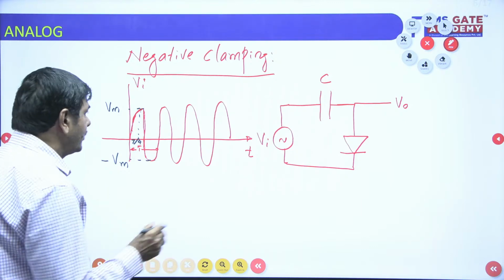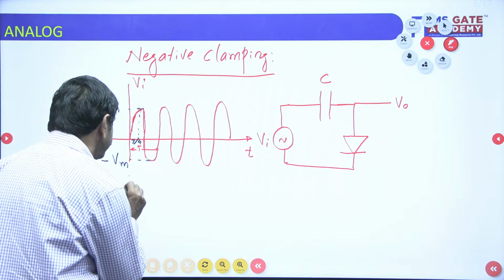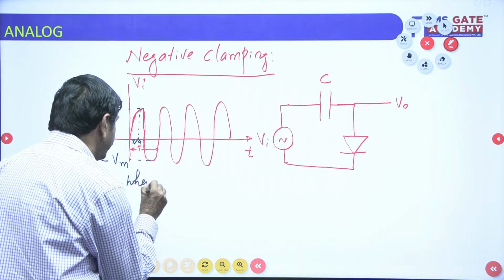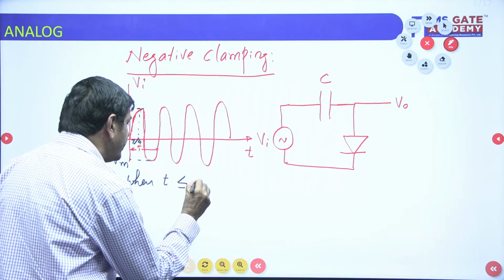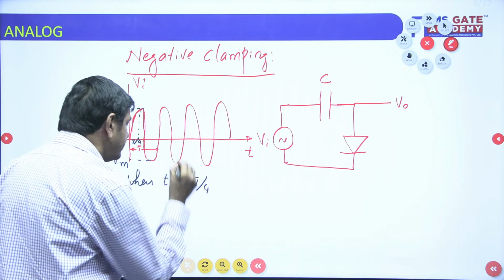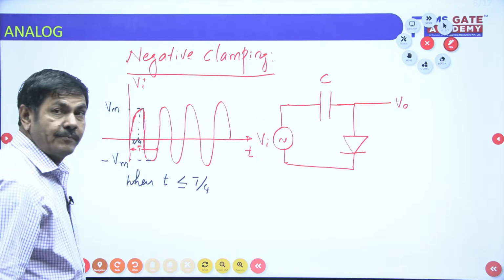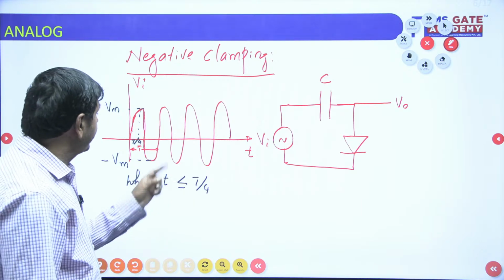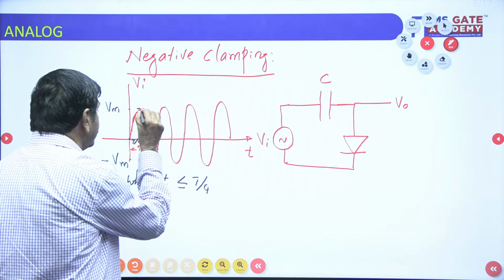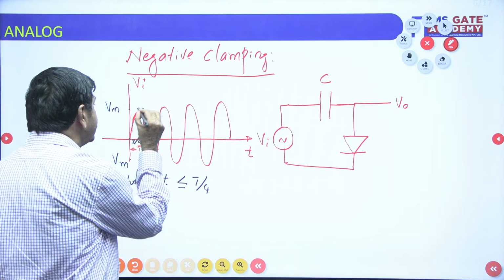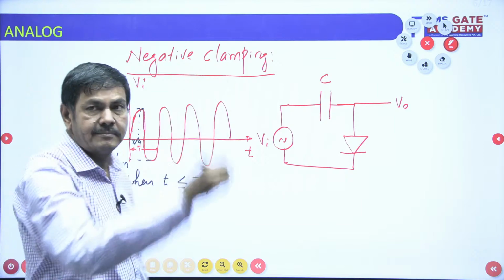Initially, when t is less than or equal to T by 4, from this point to this point, input voltage is increasing. Slowly it is rising.